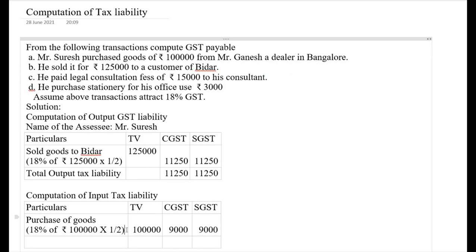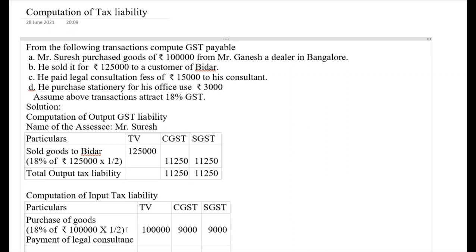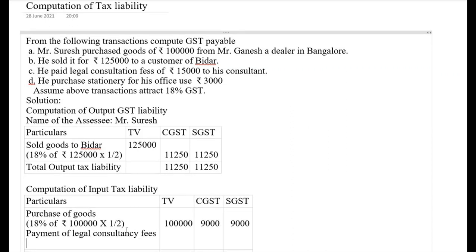Then the next one, payment of legal consultancy fees. Again the rate of GST remains same. So 18% of rupees 15,000 multiplied by 1/2.